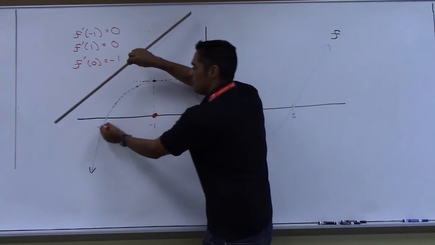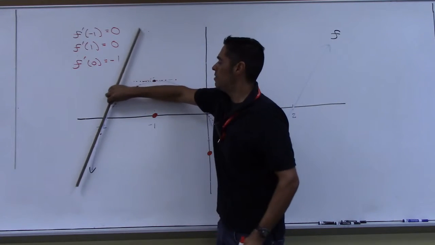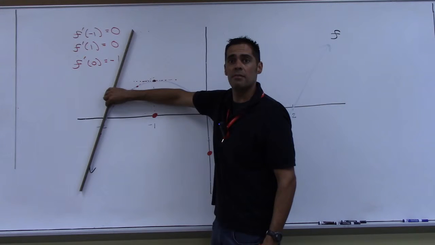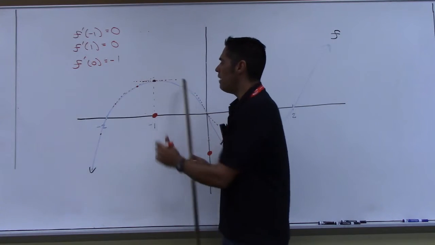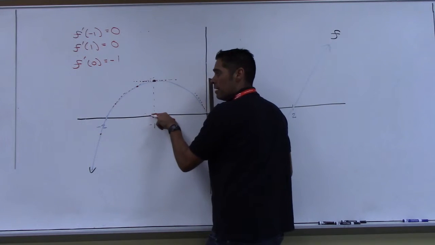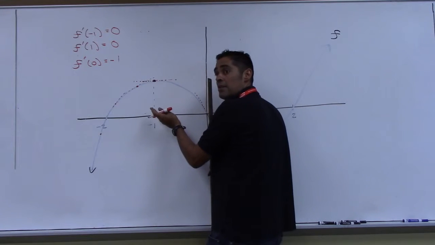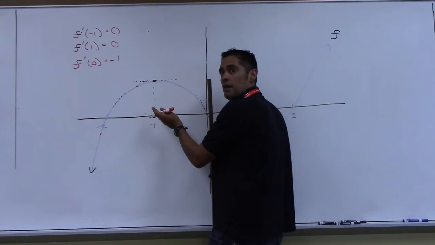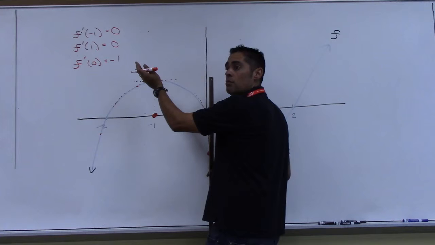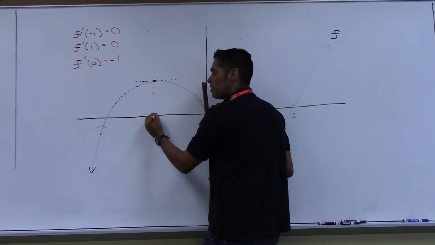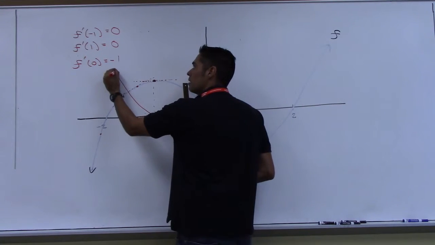And then what about the slope of the tangent line over here? Steeper again, but still positive. That means that as I move out this way on the derivative, all my answers should be positive, shouldn't they? And they should get bigger positive as I go, which means that my derivative is going to look something like this.